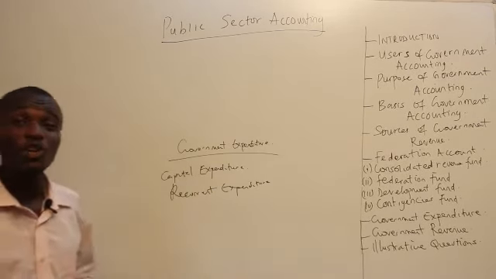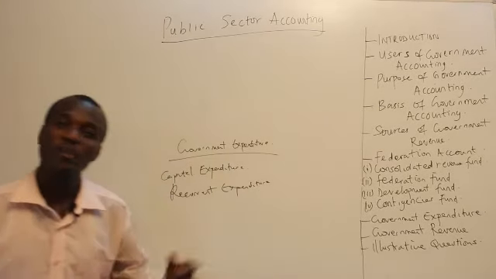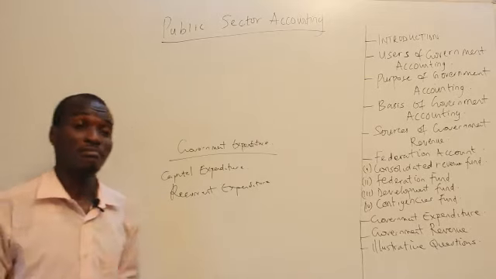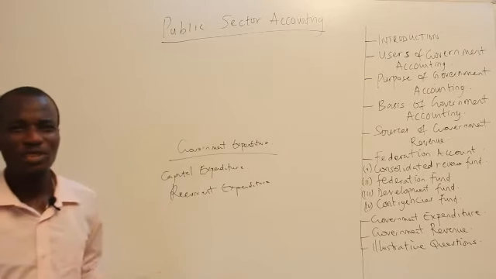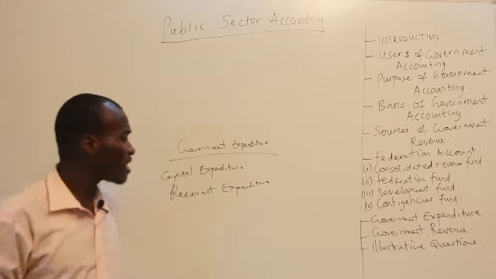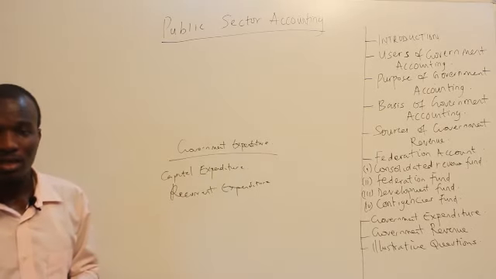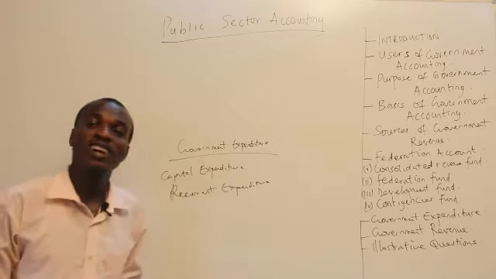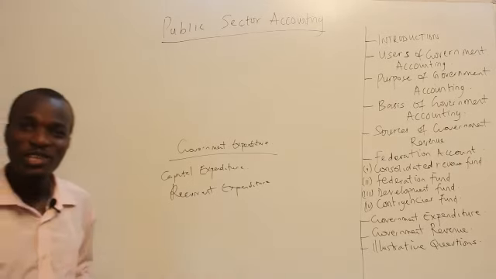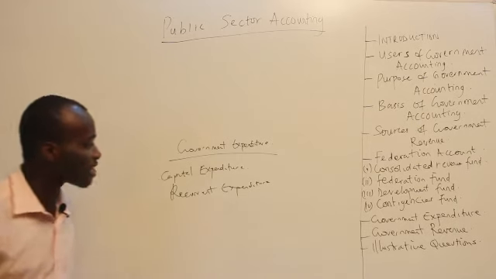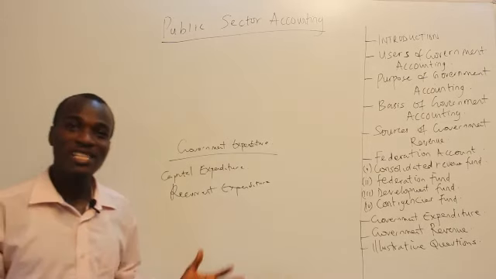The capital expenditure includes the government spending on capital projects, something that can last for more than one year, that can be used, that can be seen. So the government spends on building motor cars, road construction, residential buildings, industrial buildings, government houses, and so on. That is the capital expenditure.